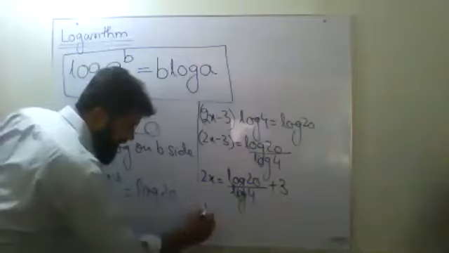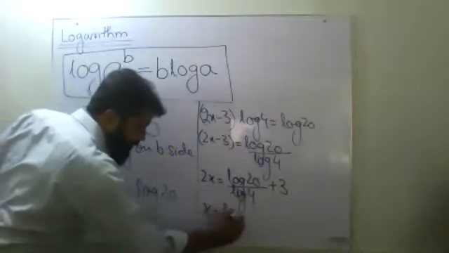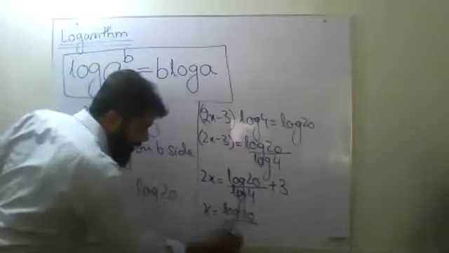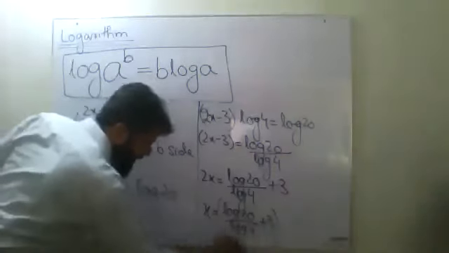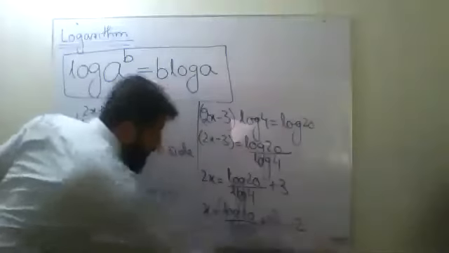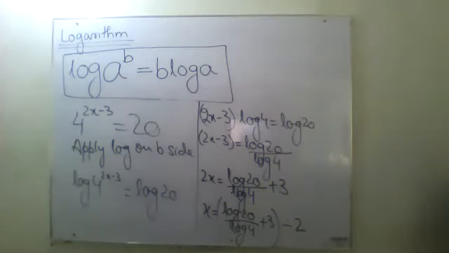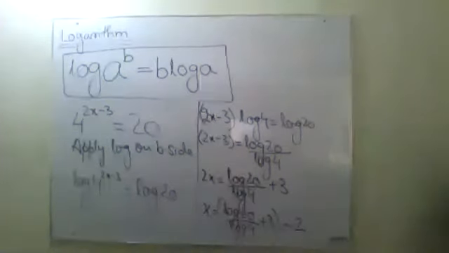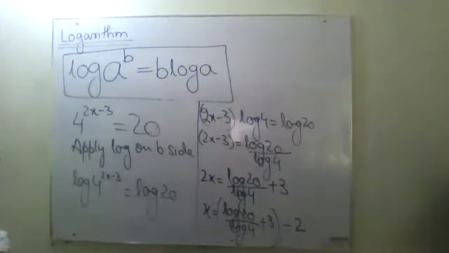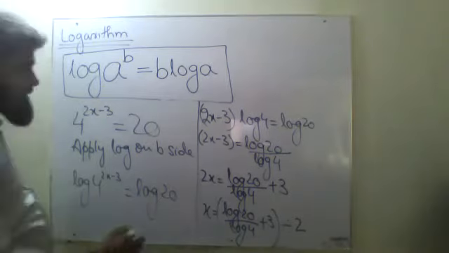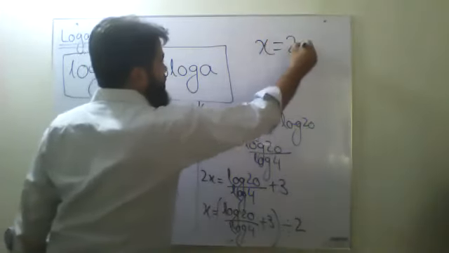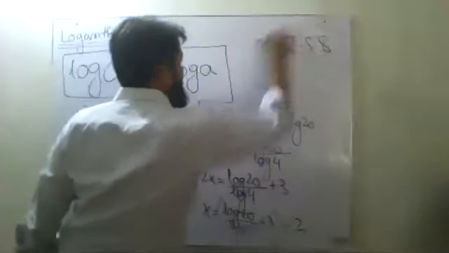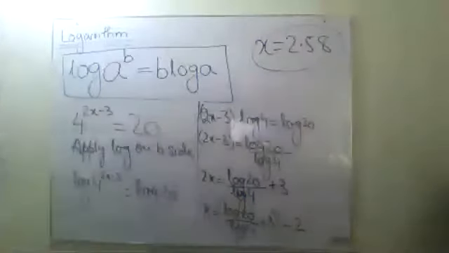When I shift it, x equals (log 20 over log 4 plus 3) divided by 2. When you simplify this, you will have your answer. The answer coming after simplification, I'm writing it over here: x equals 2.58. That's your final answer.